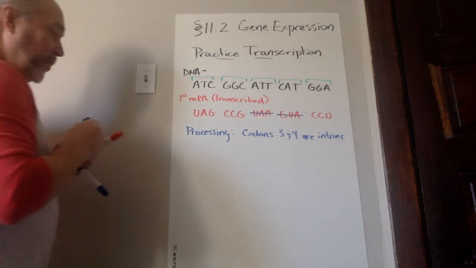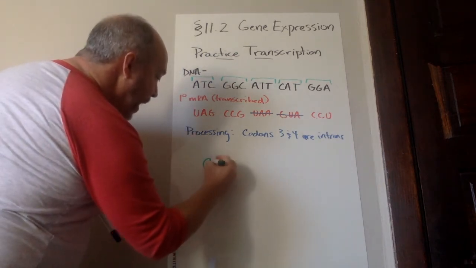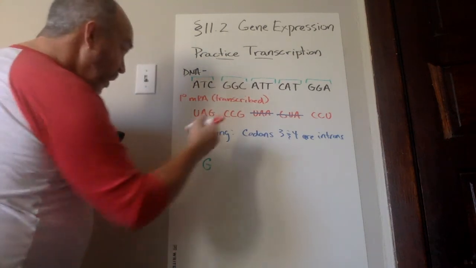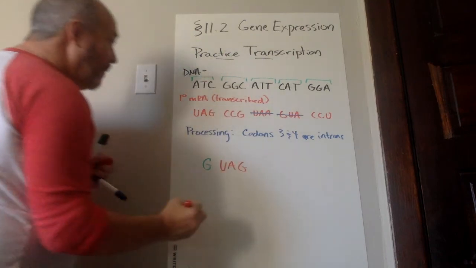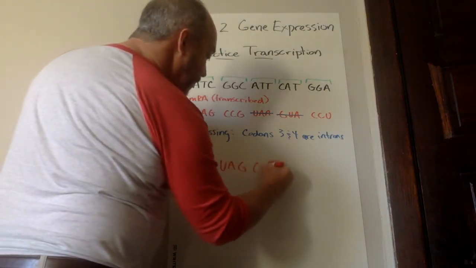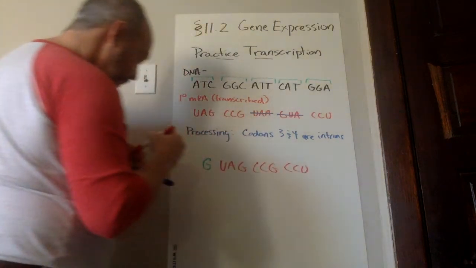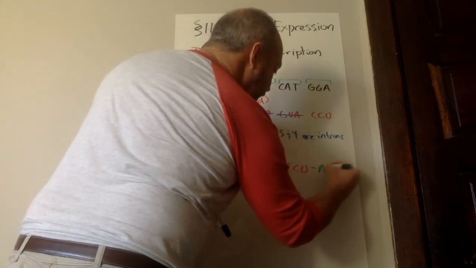But we're also going to add our cap. So we'll put on our guanine cap. Then we will put what's left of the transcribed mRNA, and then we will add our poly A tail.